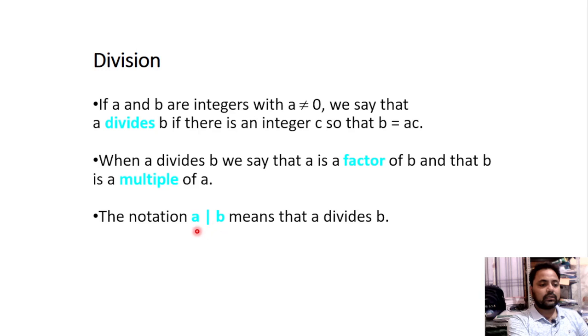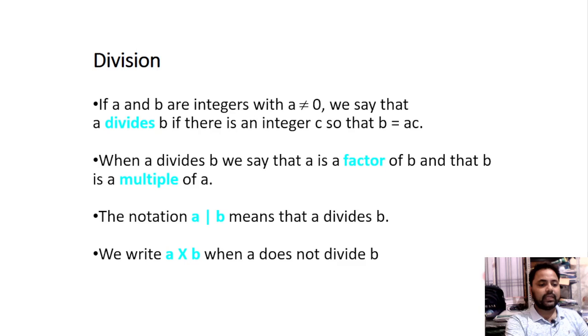You should keep this in your mind: a divides b does not mean that b is the divisor. Here a is the divisor and b is the dividend. We write a ∤ b when a does not divide b. Actually this is not the sign of into, this is the cross sign.